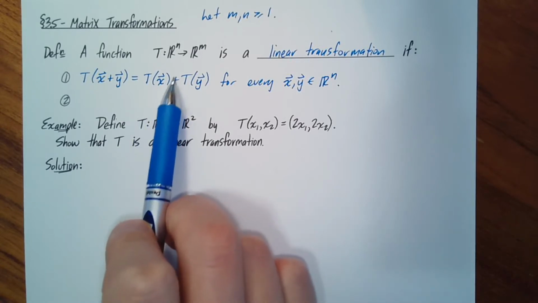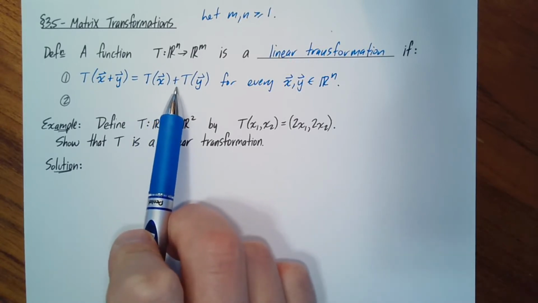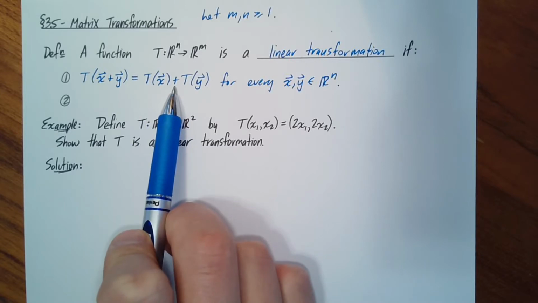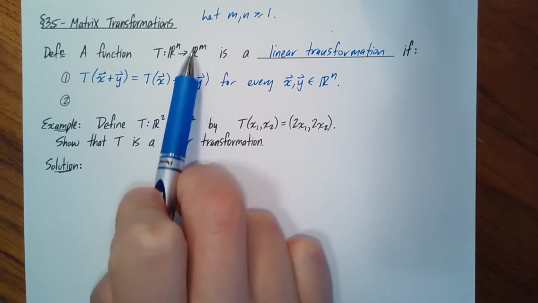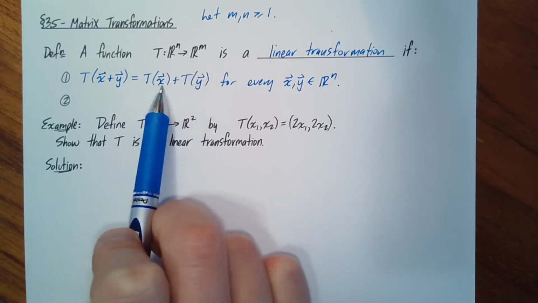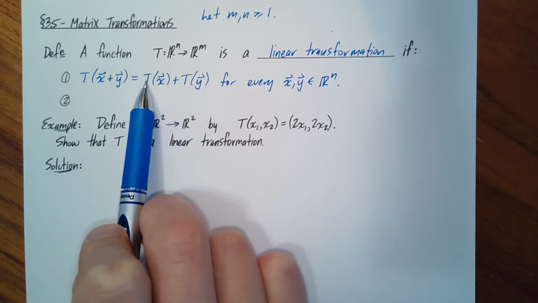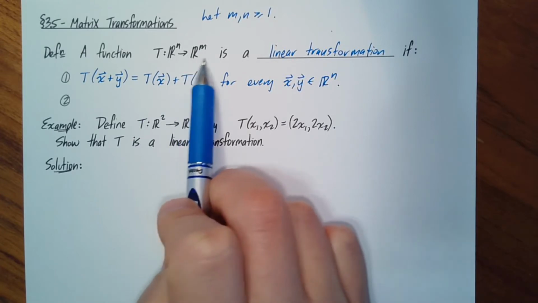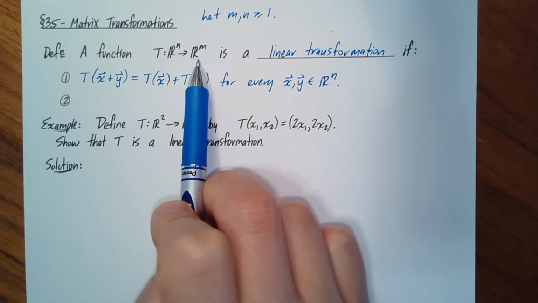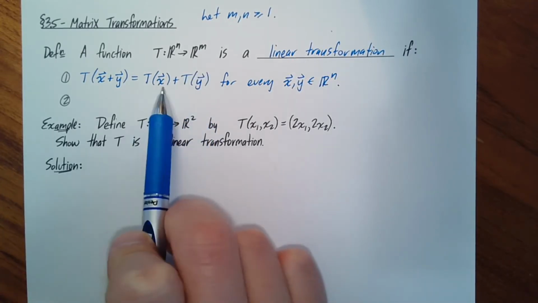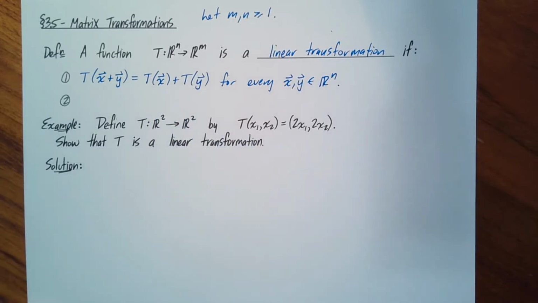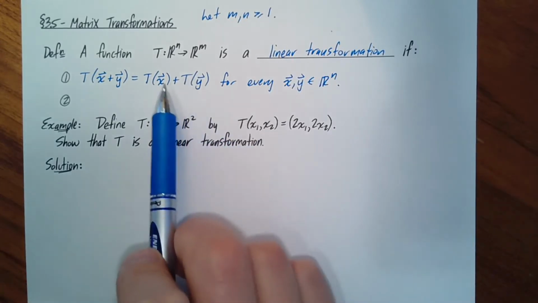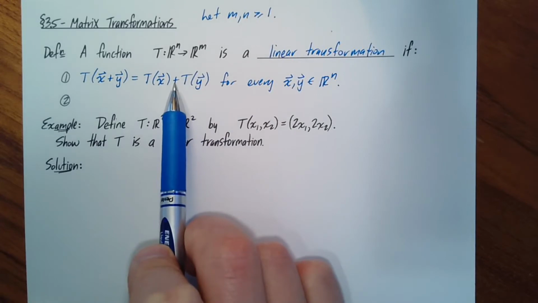So this addition here is actually addition in m-dimensional space, right? This addition takes place in R^m because T of x is a vector in R^m, as it's an output from T. The function header tells you that the output from the function T is guaranteed to be an m-dimensional vector. So T of x and T of y are both m-dimensional vectors, and we're adding two vectors in R^m with this addition sign.